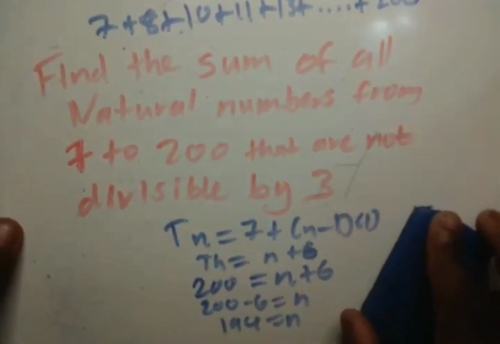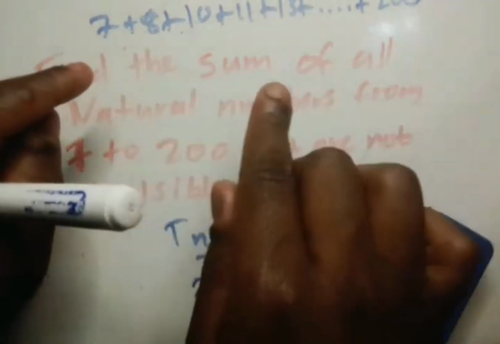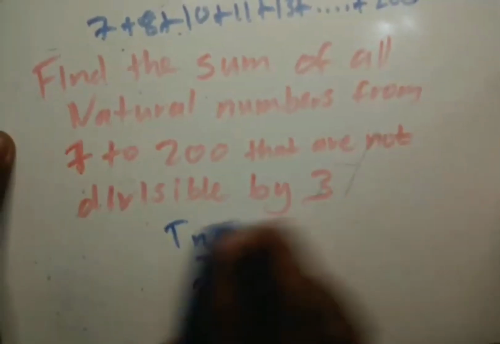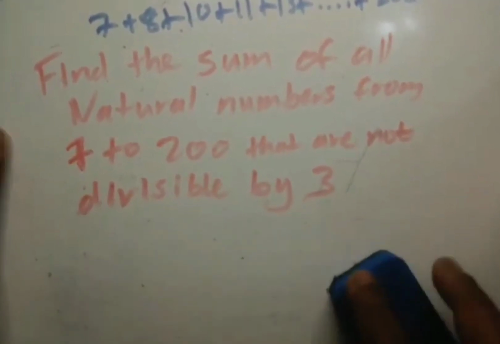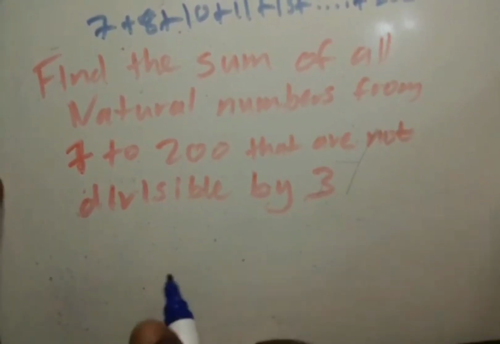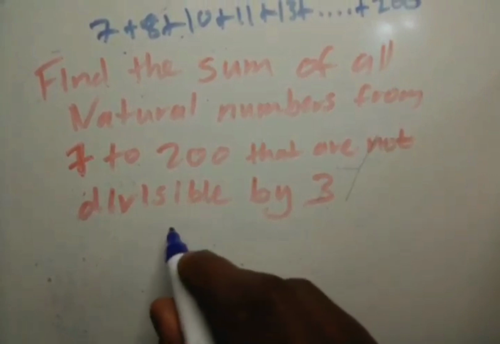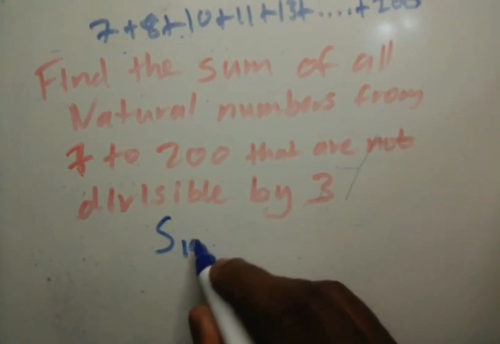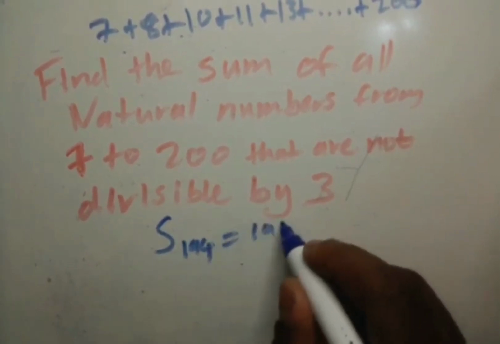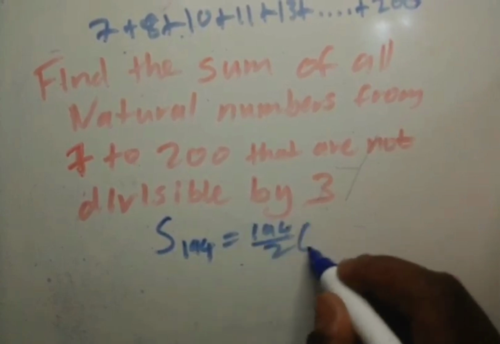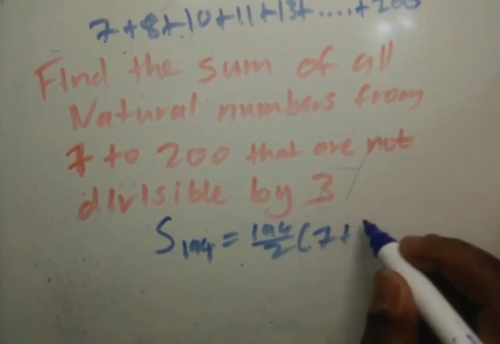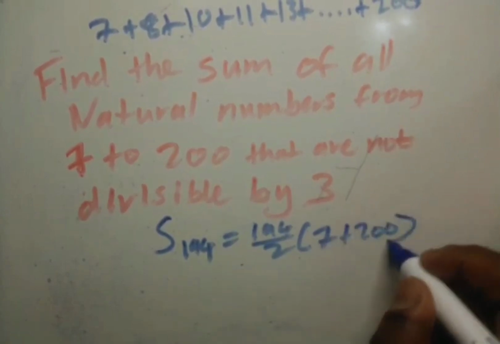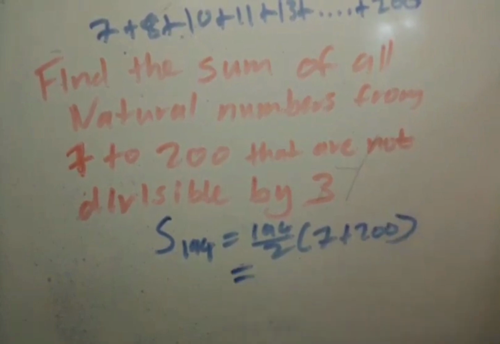So I can now find the sum of the sequence where the multiples of 3 are included, right? So the sum of 194 terms is equal to 194 divided by 2 times (our a, which is 7, plus l, which is 200), right? Remember, you can even use the long formulas, up to you.